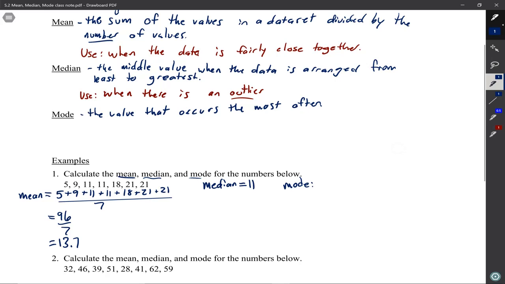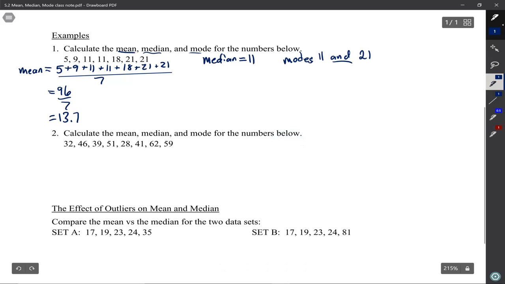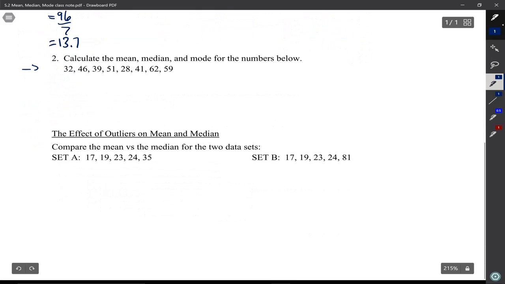So our mode is 11 and 21. We have two different modes here, so really we should have an S there. Modes, 11 and 21. We can accomplish the same thing for example 2. I'll let you calculate your mean, median, and mode for example 2 on your own.